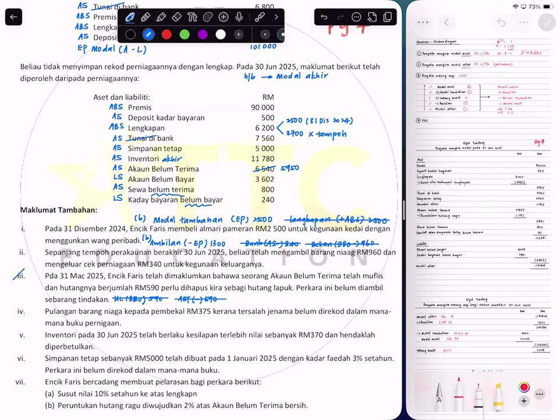Number 4. Pulangan barang niaga kepada pembekal. First question. Whenever see pembekal, supplier, what's the account? We learned this record before, right? When you see pembekal, it is belian. Belian secara tunai or secara kredit?